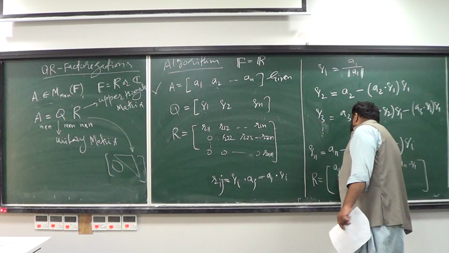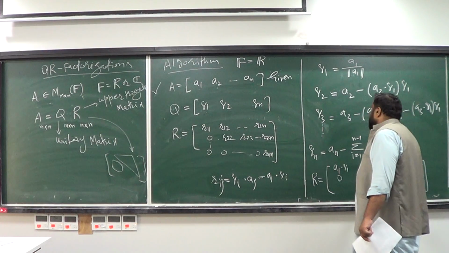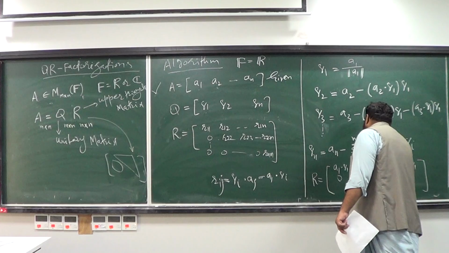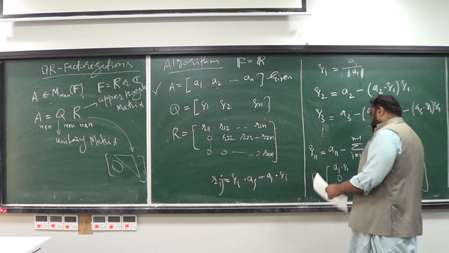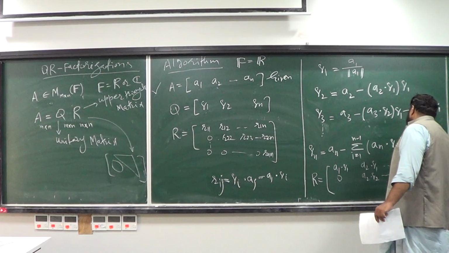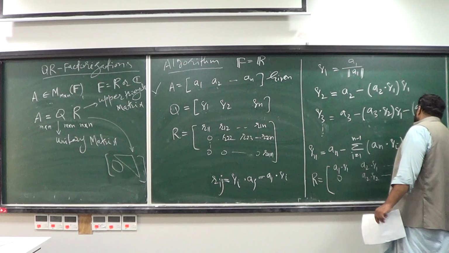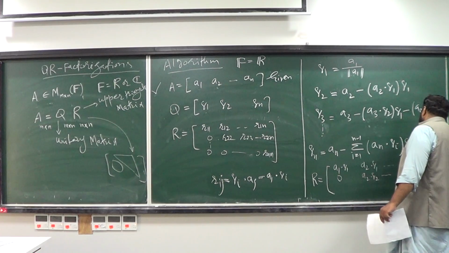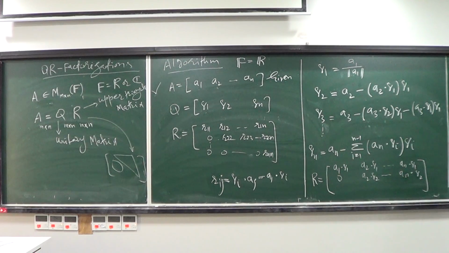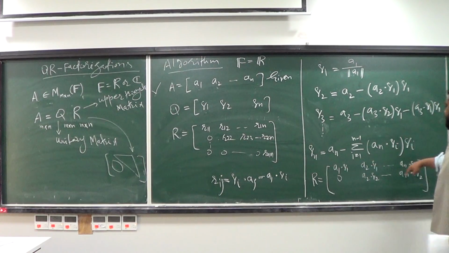What would be the second row of this rectangular matrix? It's going to be R22, so A2 dot Q2, up to An dot Q2. Okay. So in the first row Q1 is fixed and the As are changing.